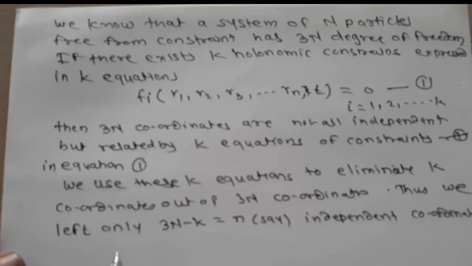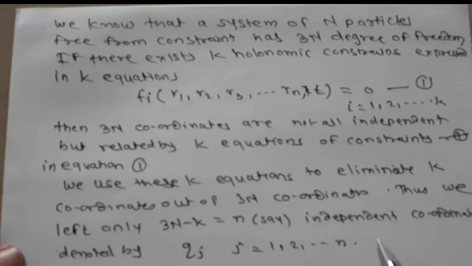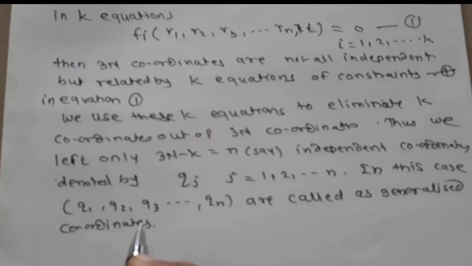We denote these coordinates q_j, j equal to 1, 2, 3 up to small n, and in this case q1, q2, q3 and qn are called generalized coordinates.